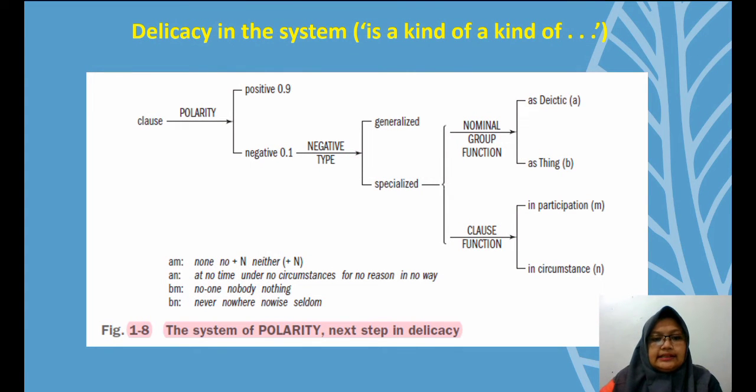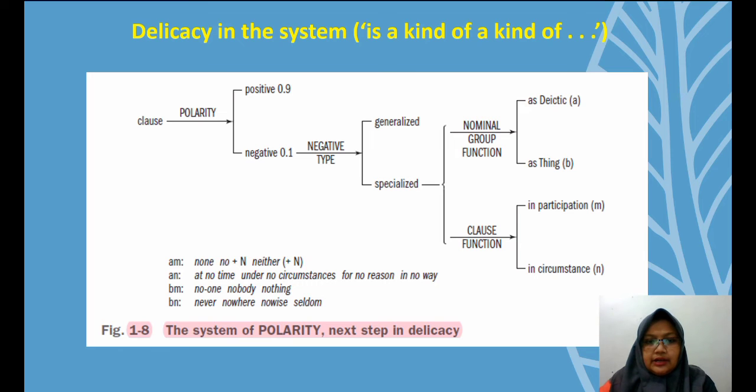Next, the system of polarity in delicacy. We can see from the table here that in a clause there is a polarity, with the possibility of becoming positive or negative, and then the negative type.